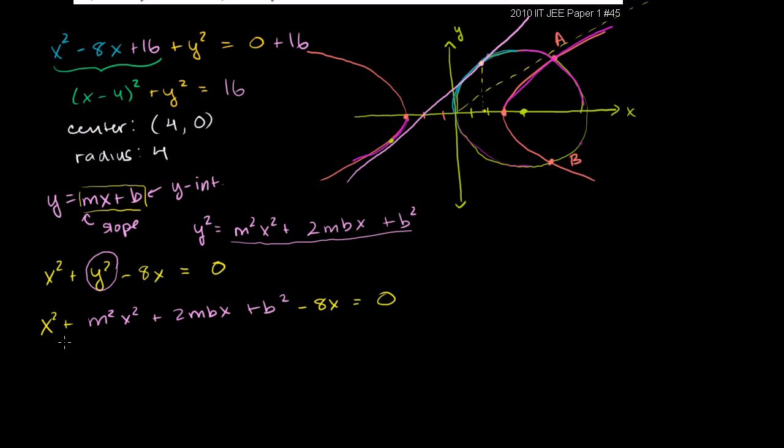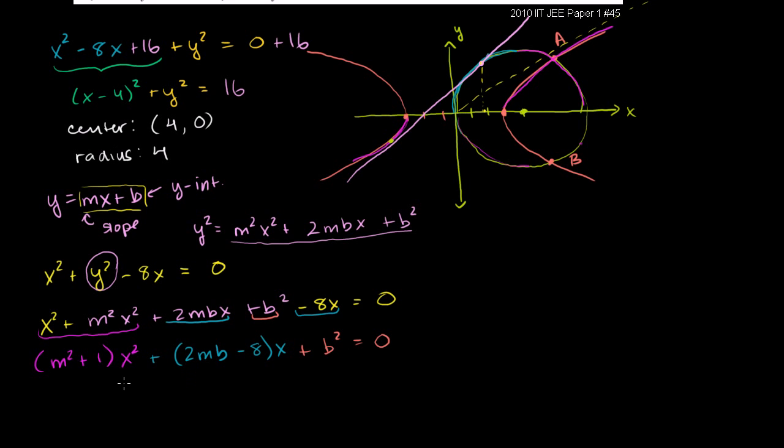If we wanted to write this as a quadratic in terms of x, our x squared terms are these two terms, so we can write m squared plus 1 times x squared. And then our x terms are this one and this one, so plus 2mb minus 8 times x. And then we just have this b squared, the constant term right over here. So plus b squared is equal to 0.